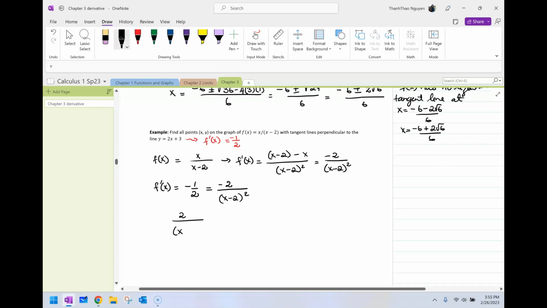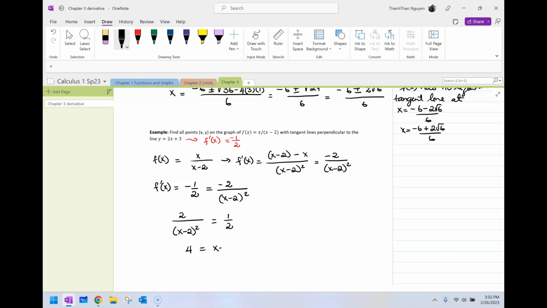2 divided by x minus 2 squared equals a half. So 4 equals x minus 2 squared. So x minus 2 equals plus or minus 2. This means x minus 2 equals 2 and x minus 2 equals negative 2. So x equals 4 and x equals 0.